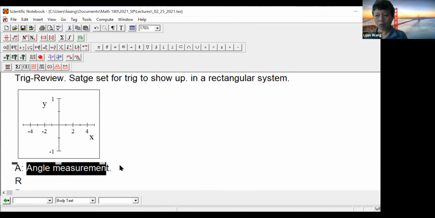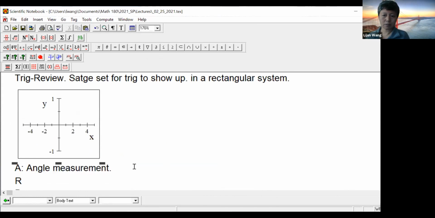So what about angle measurement? This basically tells us how angles are measured. The angles are all measured from here.